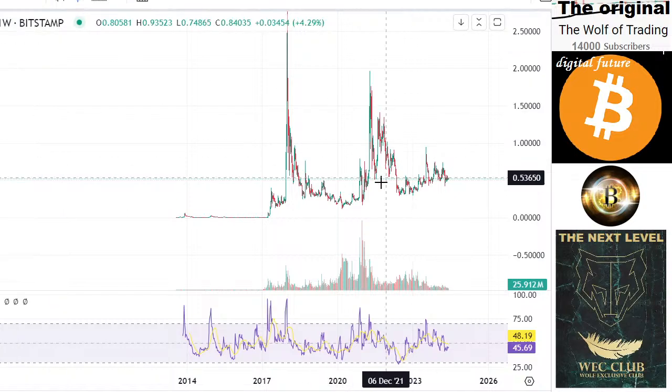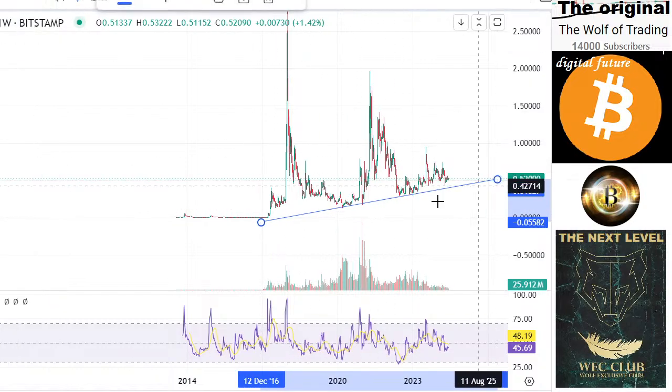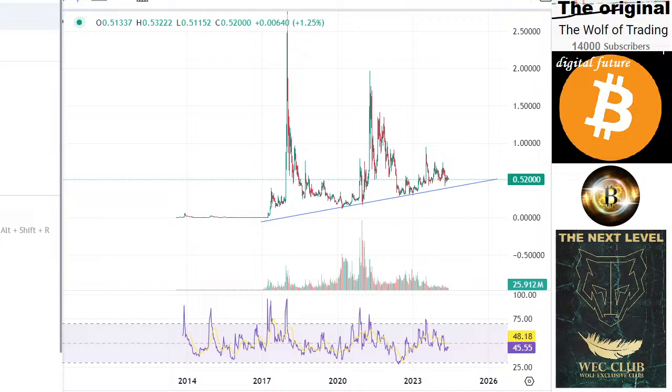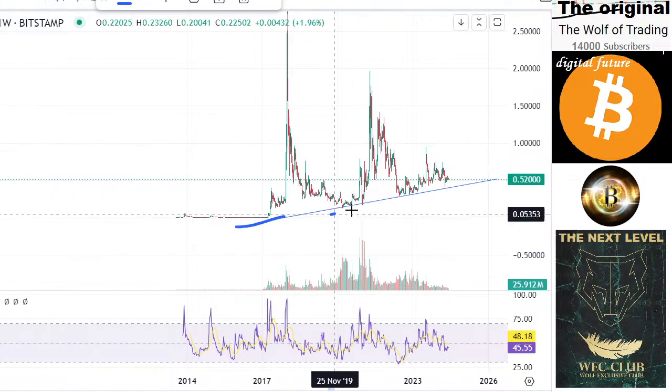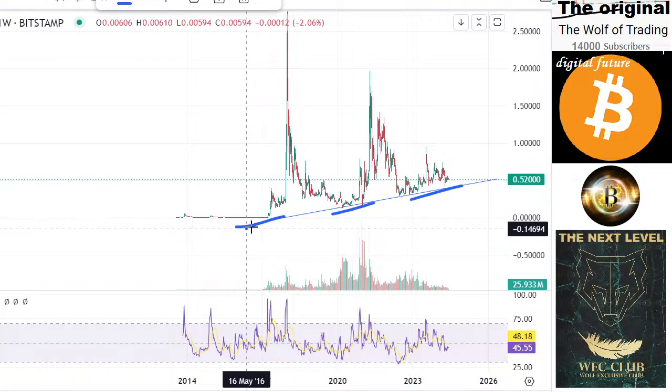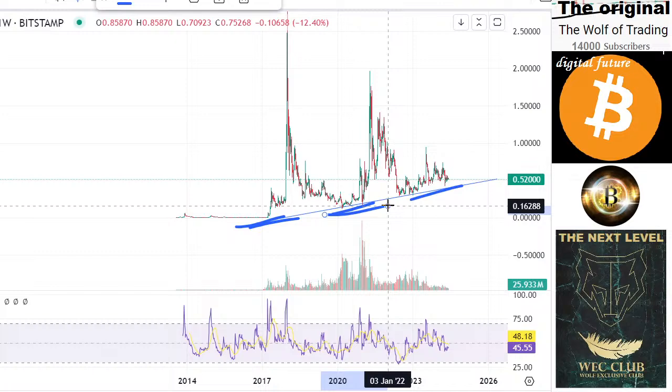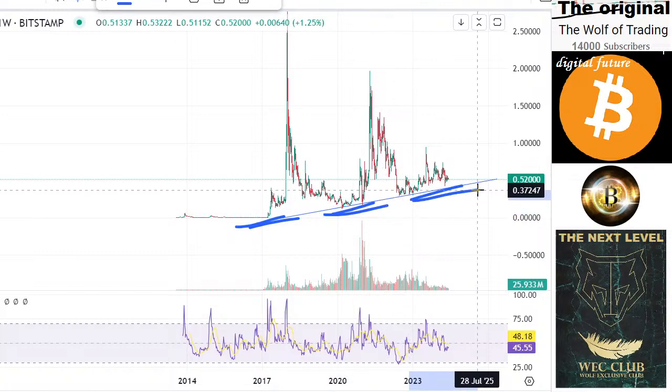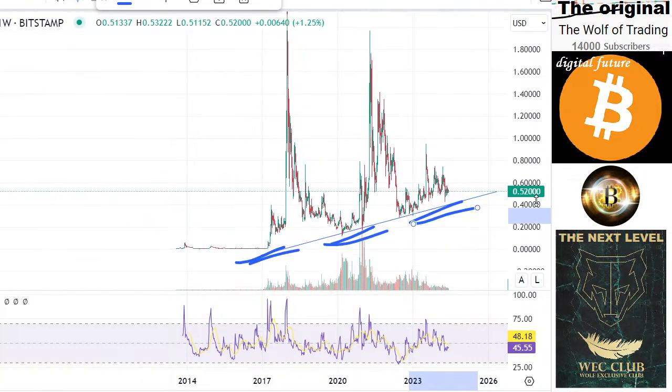We have here higher highs, absolutely negative. We have here a test, a test here, and a test here. And you can see from the rising, this level is lower, this level is higher, and this level is higher and higher. And if you make technical analysis, this is absolutely negative.